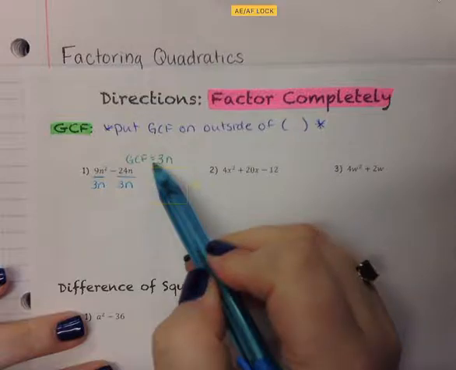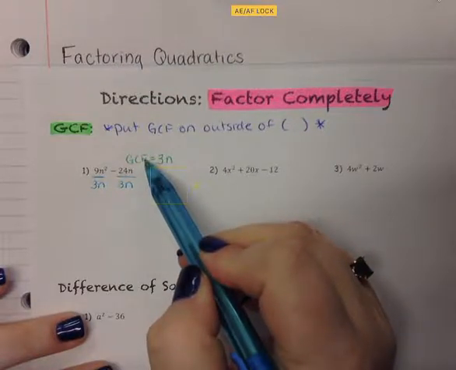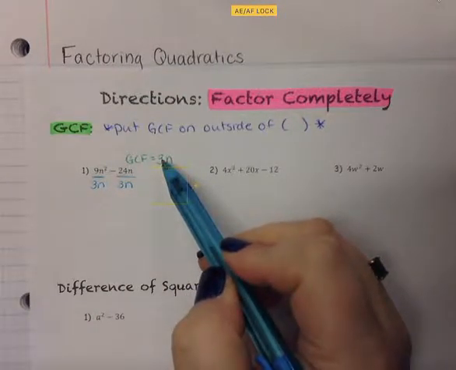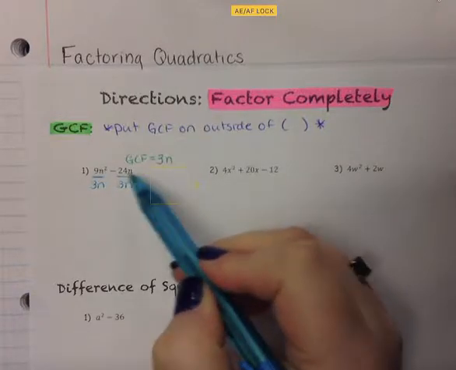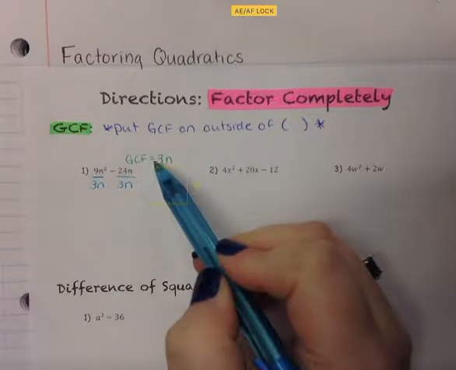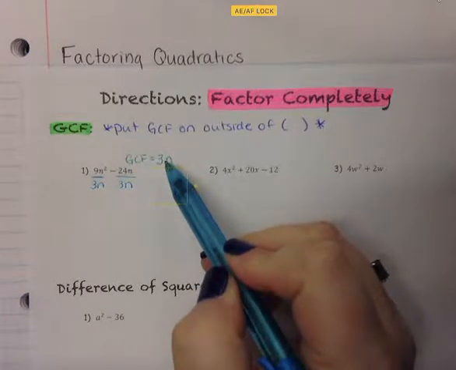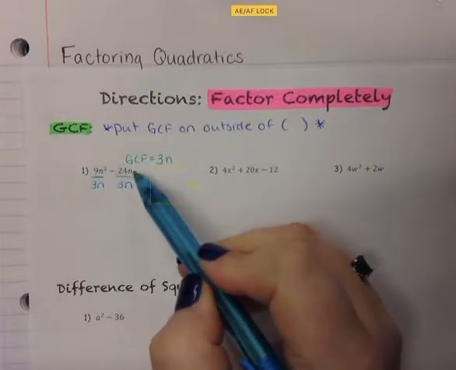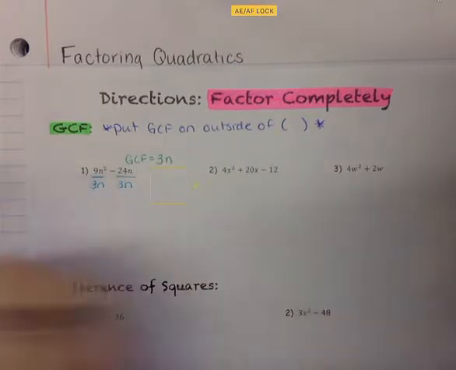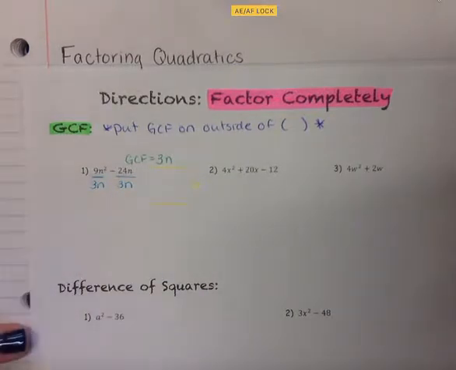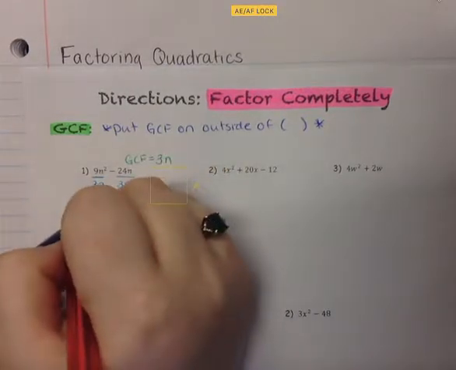This is a factor because it's the greatest common factor. Factoring is rewriting an expression as the product of its factors. What does 3n multiply by to give me the original problem? That's what we're doing. So I'm going to put my 3n on the outside of a parentheses.